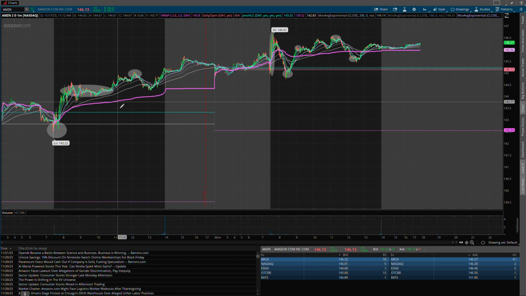Those are the three types. That's it. Continuation, reversal, and a breakout. And I can use that to exit the trade too.